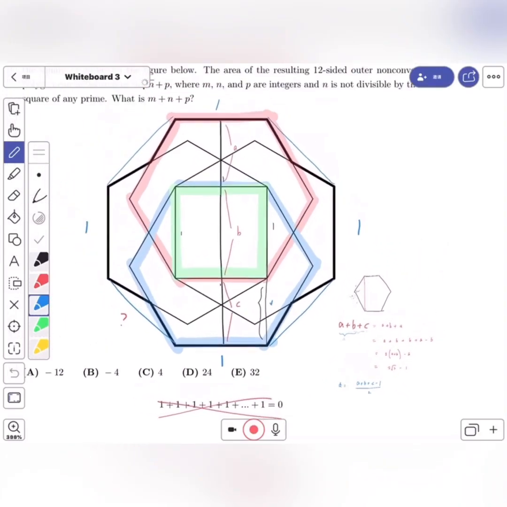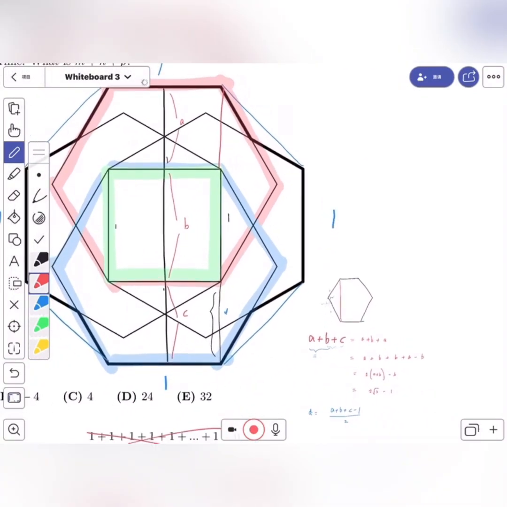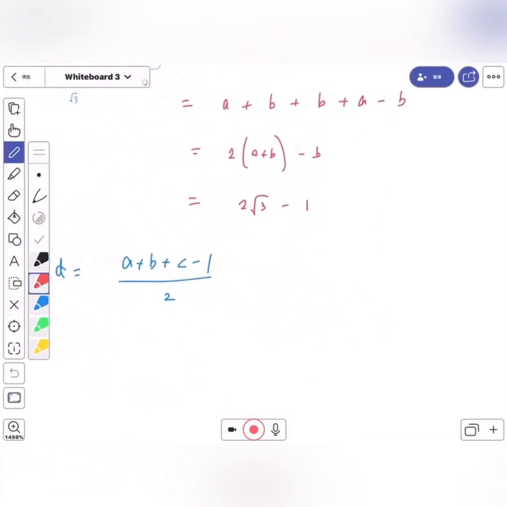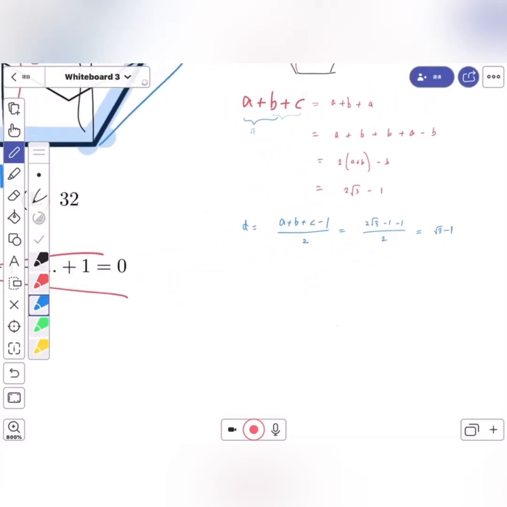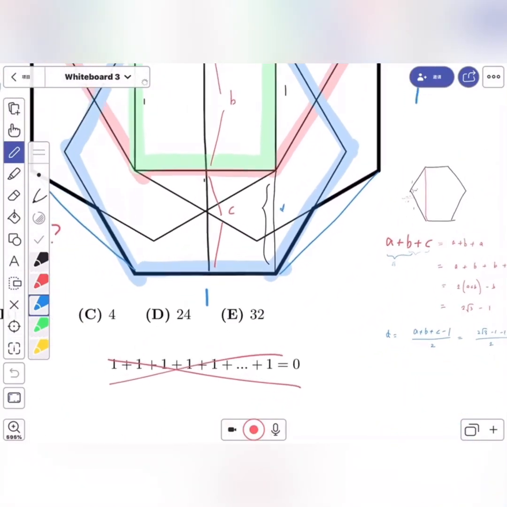Therefore, we know that the length in red and the length in blue are congruent. We can easily compute it to be 2 root 3 minus 1 over 2, which simplifies to square root of 3 minus 1. Okay, so we know that this is square root of 3 minus 1.